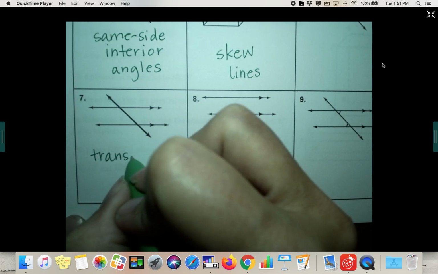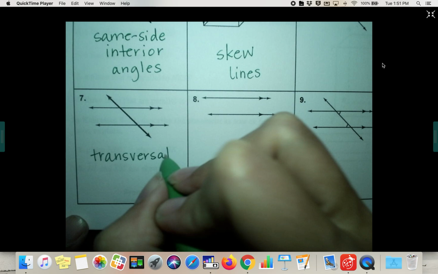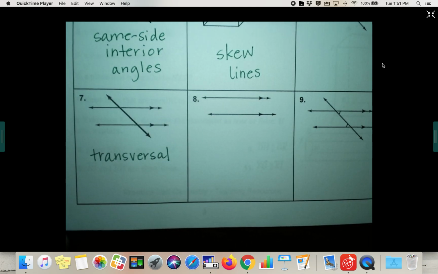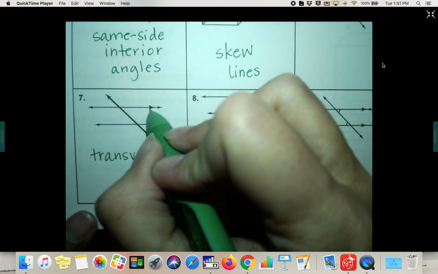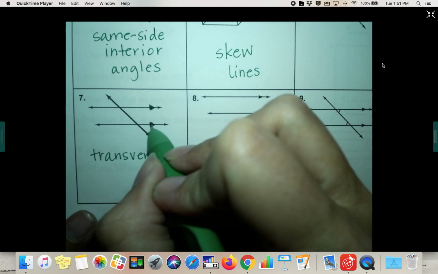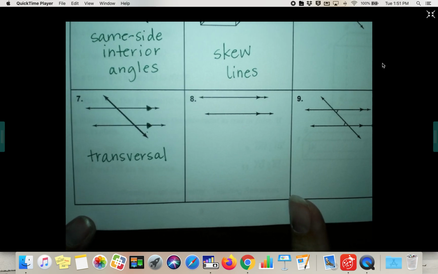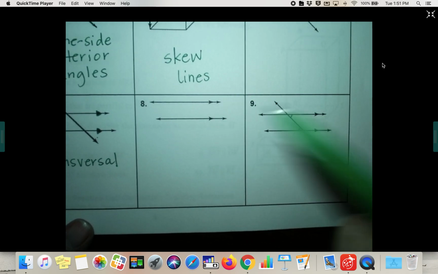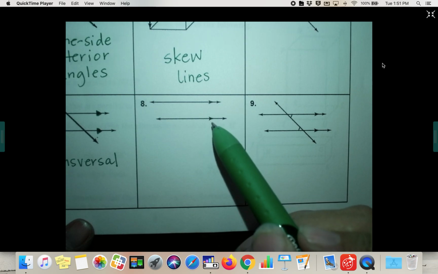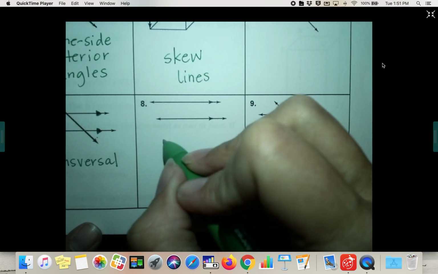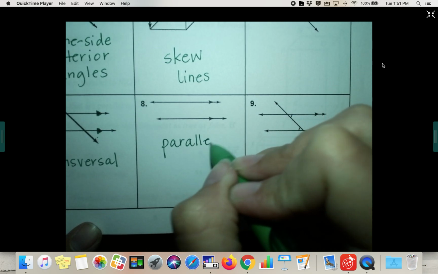And a transversal is a line that cuts through a set of parallel lines. And you know these are parallel because they've got little triangles marked up on them, and that shows that there are two parallel lines. So the dark line is the transversal that cuts through the two parallel lines. Kind of already just gave this away, but if there are two lines marked with little arrows on them, that means that they are representing parallel lines.